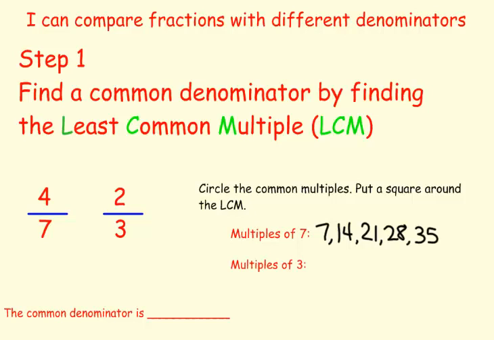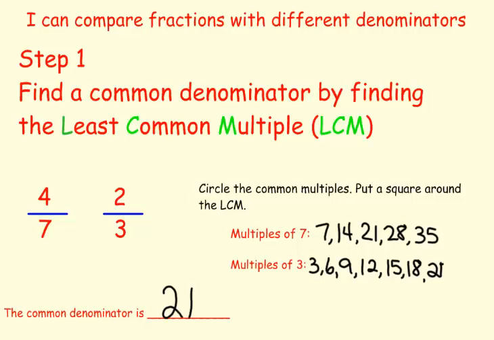Let's see if we can find a multiple of 3 that matches one of those. 3 times 1 is 3, times 2 is 6, 3 times 3 is 9, 3 times 4 is 12, 3 times 5 is 15. That was close, but not quite. 3 times 6 is 18, 3 times 7, 21. There we go. So the common denominator is 21.